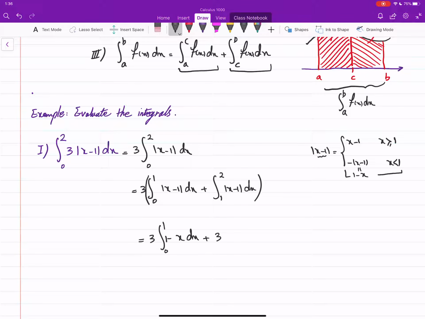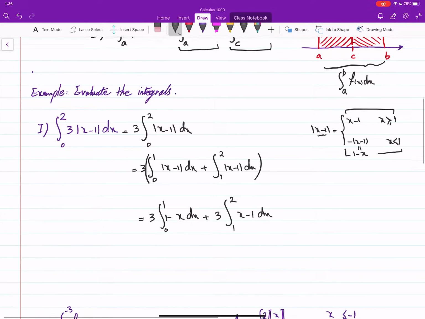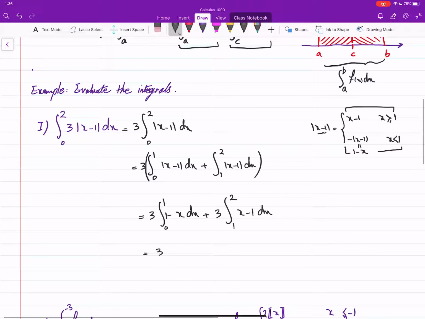For the other one we have another formula, x minus 1 dx. And well, just go ahead and write these different pieces now: 3 times the integral from 0 to 1 of 1 dx minus 3 times the integral of x dx, plus 3 times the integral from 1 to 2 of x dx minus 3 times the integral of 1 dx.